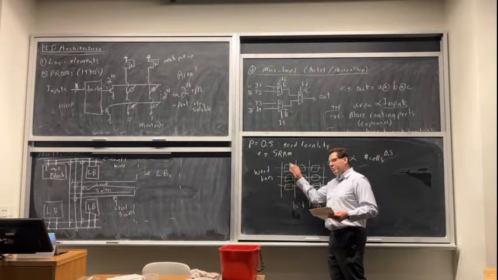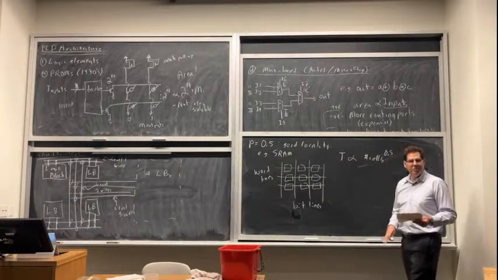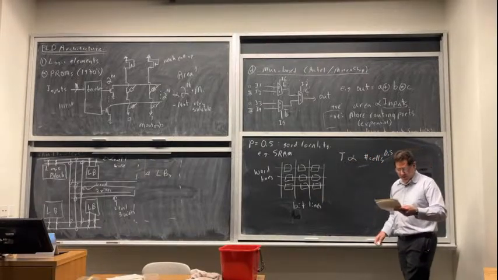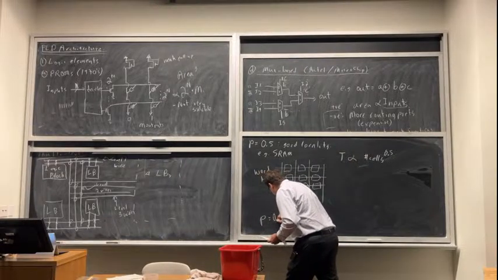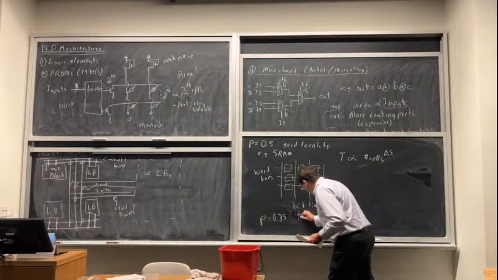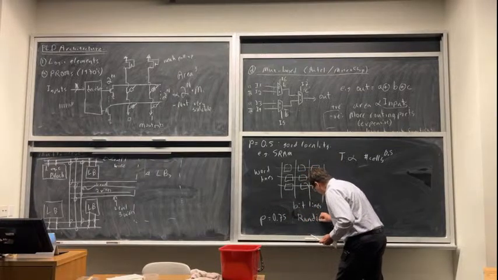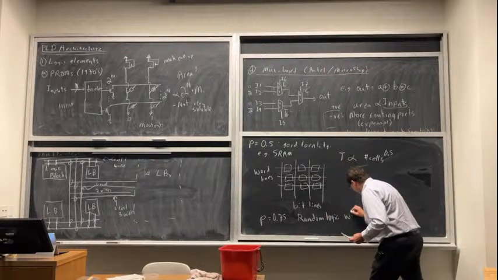Your input and output count is growing, but it's growing quite a bit more slowly than the amount of logic. You can also, this is harder to visualize, have p equals 0.75. And this turns out to be around what you get with random logic, so control logic that's doing all sorts of stuff, with poor locality.